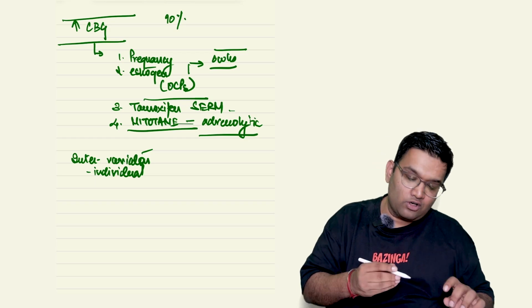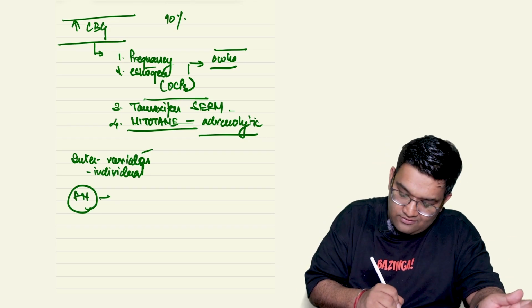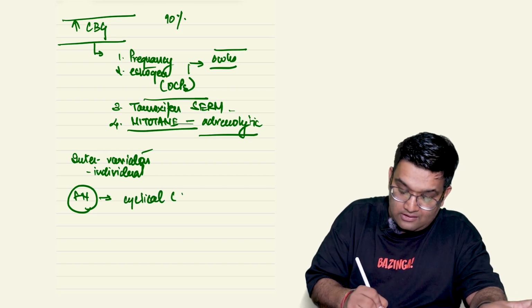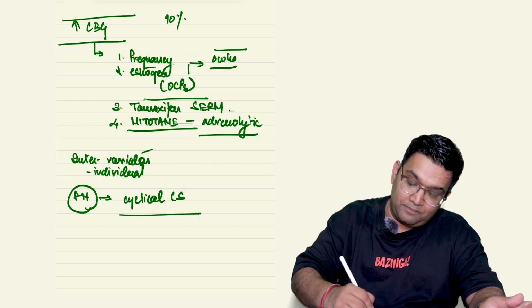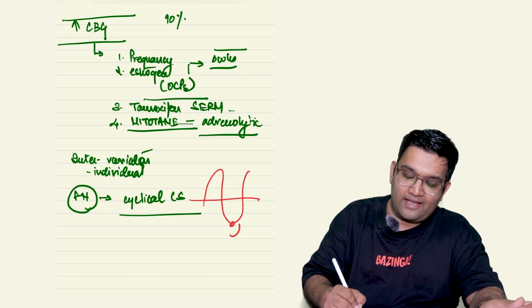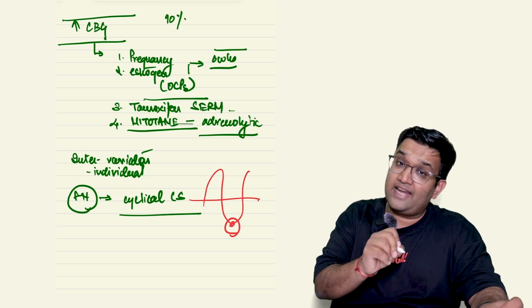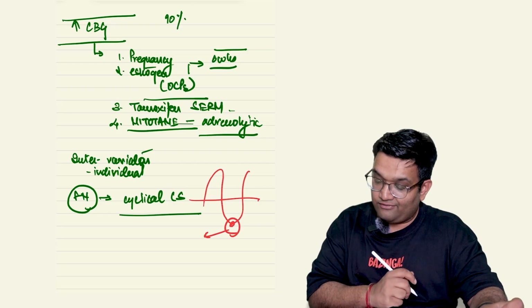After this, what causes false negative? False negative is caused when there is cyclical Cushing's. We saw that in cyclical Cushing's there can be peaks and troughs. If we do the test at the trough time, when the disease is inactive, it is going to be false negative.